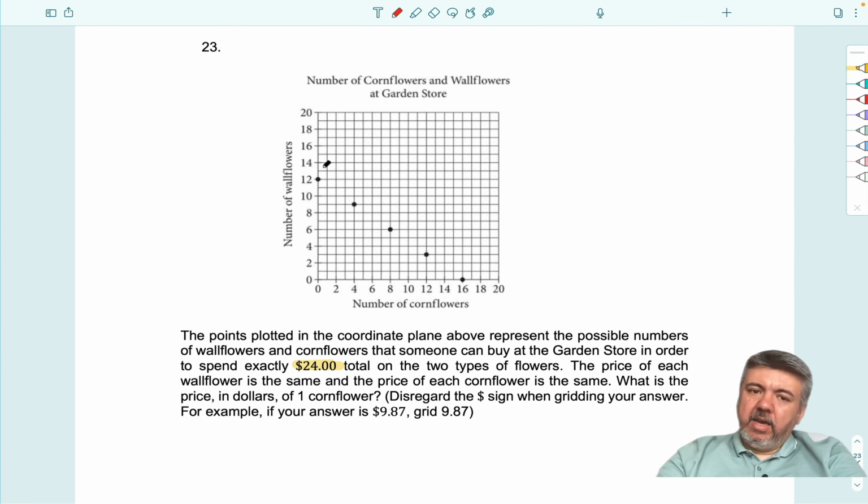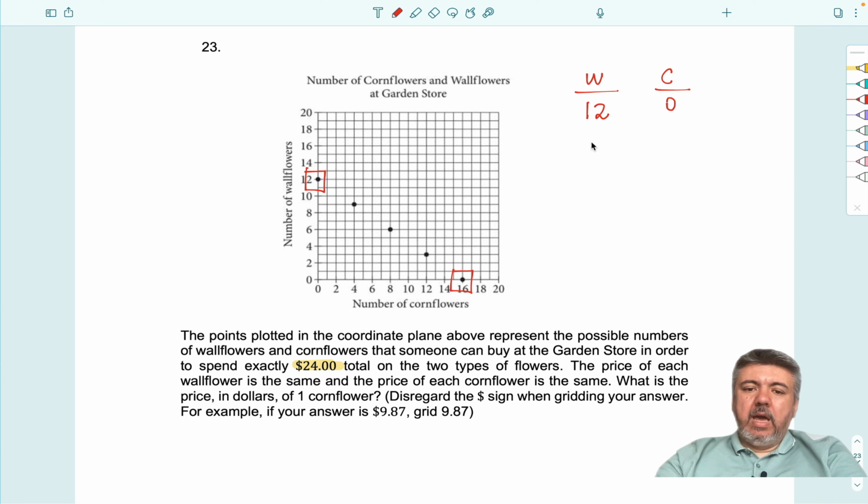So the idea here, why don't I concentrate on these points, wallflowers and cornflowers. If I buy 12 wallflowers and 0 cornflowers, I pay $24. And if I buy 0 wallflowers and 16 cornflowers, I will pay again $24.